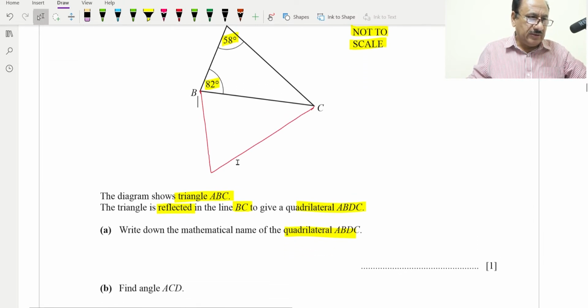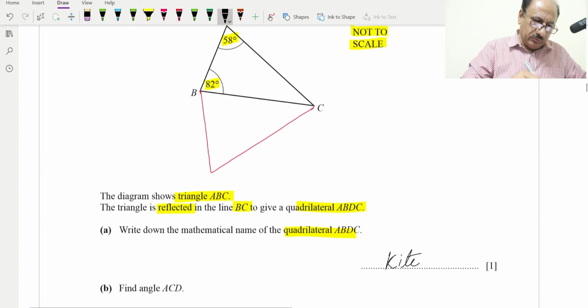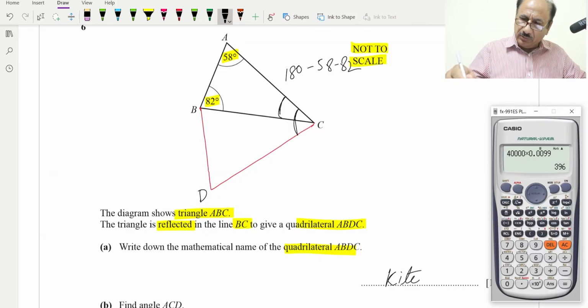So the answer to 6a is that the shape is basically a kite, so we can write here kite. And find the angle ACD. So this is D, basically this one, so ACD. This angle is required, so we can calculate: this angle will be 180 minus 58 minus 82.